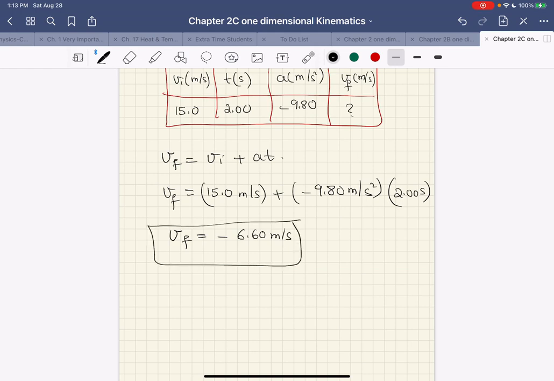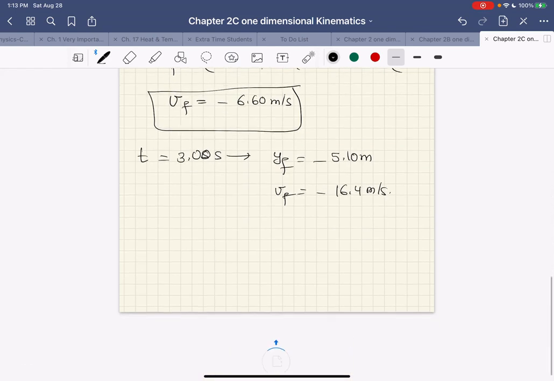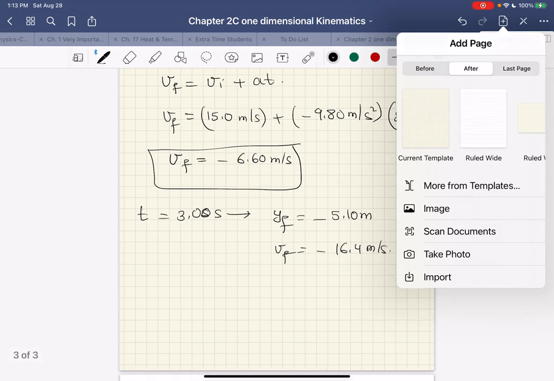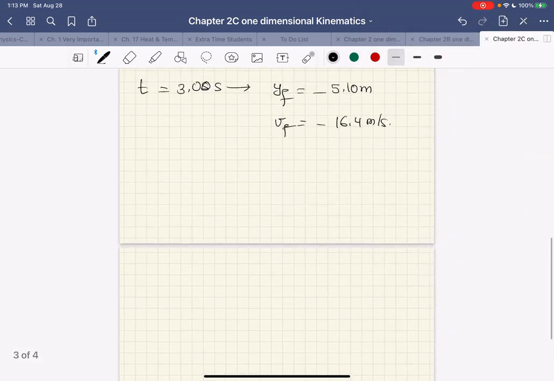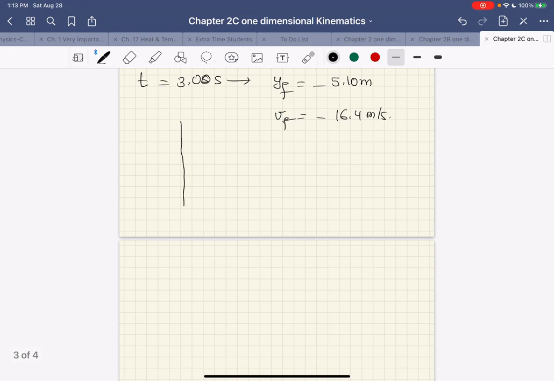We can repeat that for t equals 3 seconds, and you will find that the position, or y final, is going to be negative 5, then it is going back to the Earth, and V final is negative 16.4 meters per second. I can easily graph it, and I can put more points, but I'm just going to give you the sketch.